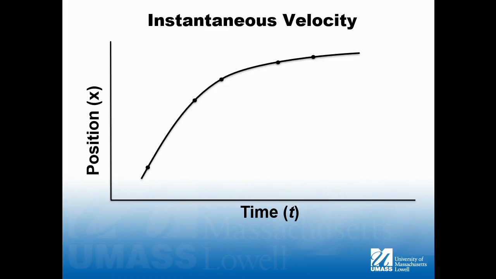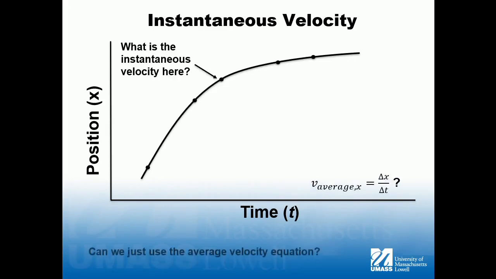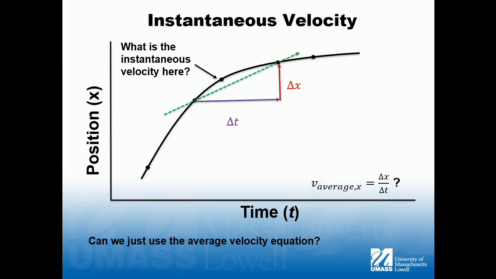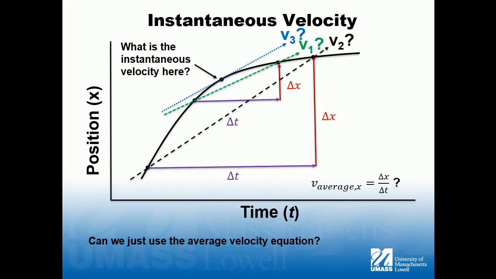Everyone follow? So the actual slope at any given point gives you the instantaneous velocity. You can find a bunch of average velocities, delta x over delta t, but only one, which is the tangent at that point, actually gives you the instantaneous velocity at that point.